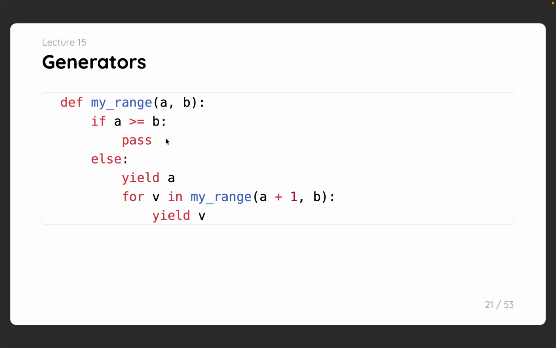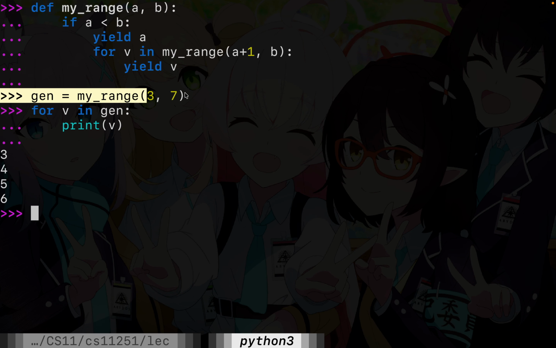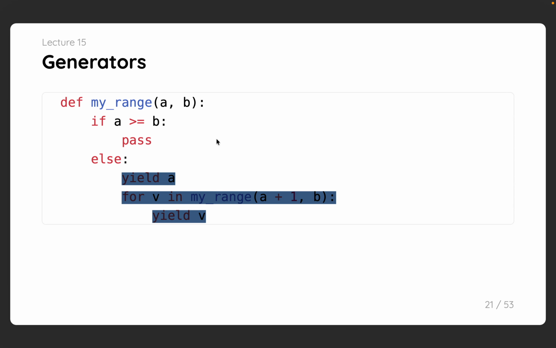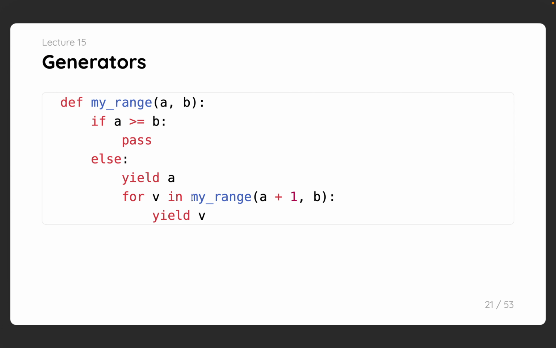So this is another way to do it. If a is greater than or equal to b, you want to do nothing, so you can pass instead of doing anything. Otherwise, same thing as we did over here. So notice that even for generators, wishful thinking is still very helpful. So here, we see that by calling my range using a plus 1 and b, that gives us the rest of the values that we need to generate.